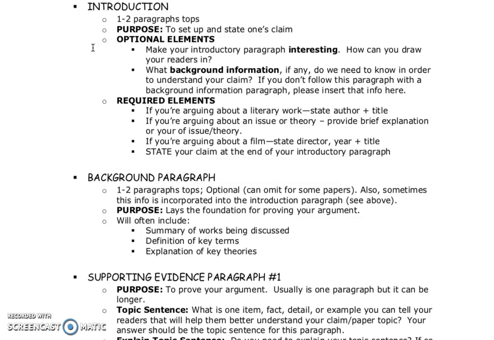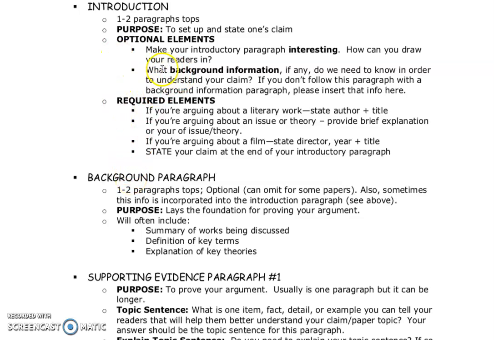If you look down below here, I've got a separate paragraph that says background paragraph. This is why I said the intro could be 1 to 2 paragraphs tops. If you're just using your intro for the purpose of introducing your topic and easing them into the debate that's taken place around this topic, then that's 1 paragraph. And then if you do background information, you can either make that a part of your intro or have it be a separate paragraph.